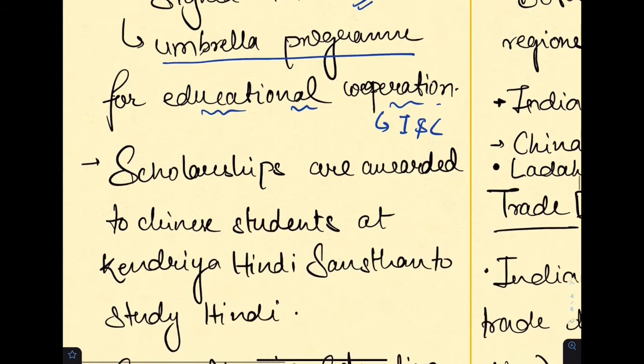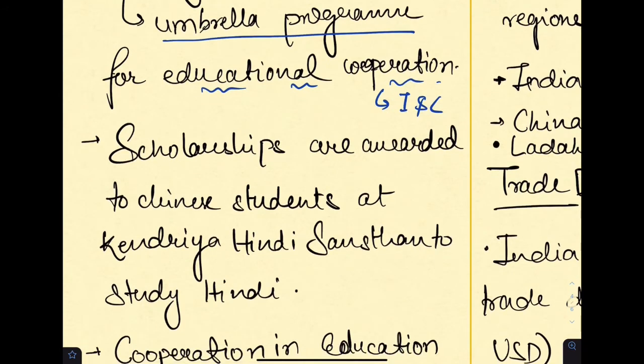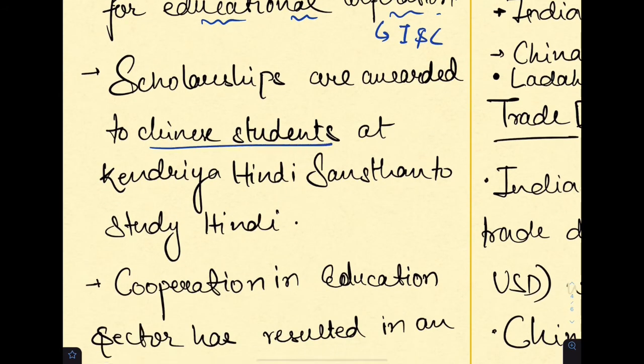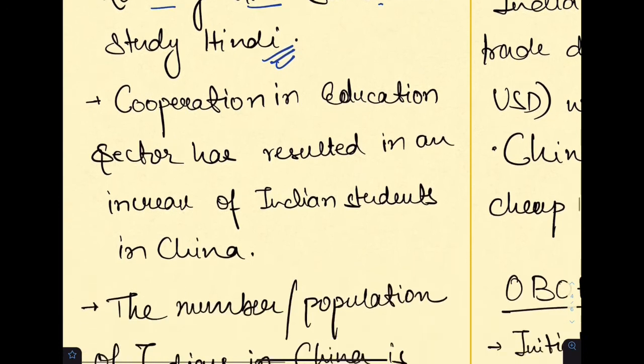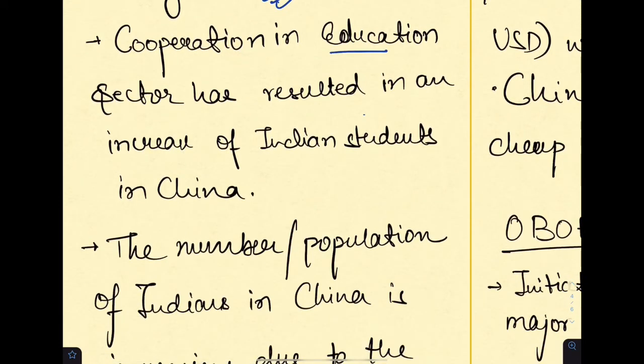The scholarships are awarded to Chinese students. Now these Chinese students were awarded scholarships to study Hindi at Kendriya Hindi Sansthan. This is also an education part. Cooperation in the education sector has resulted in an increase of Indian students in China.